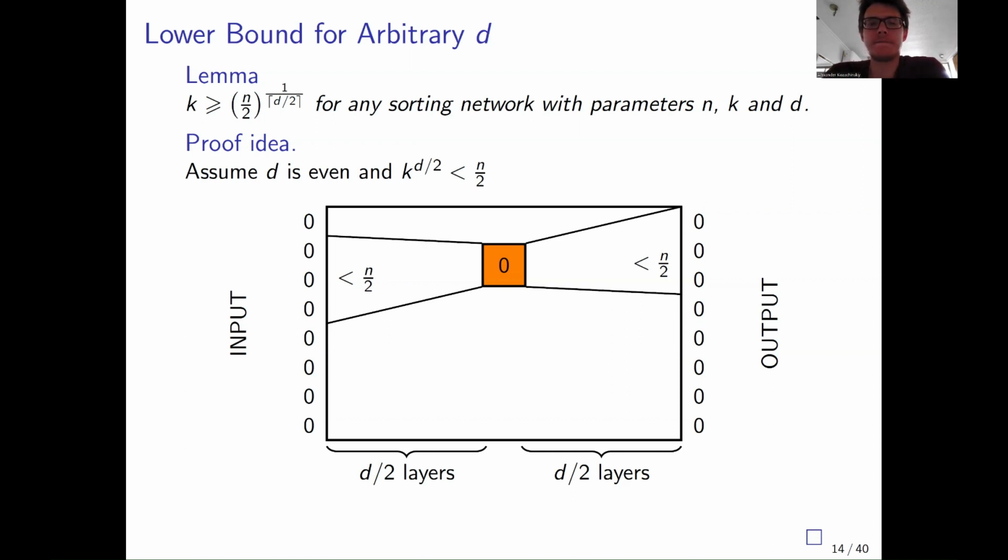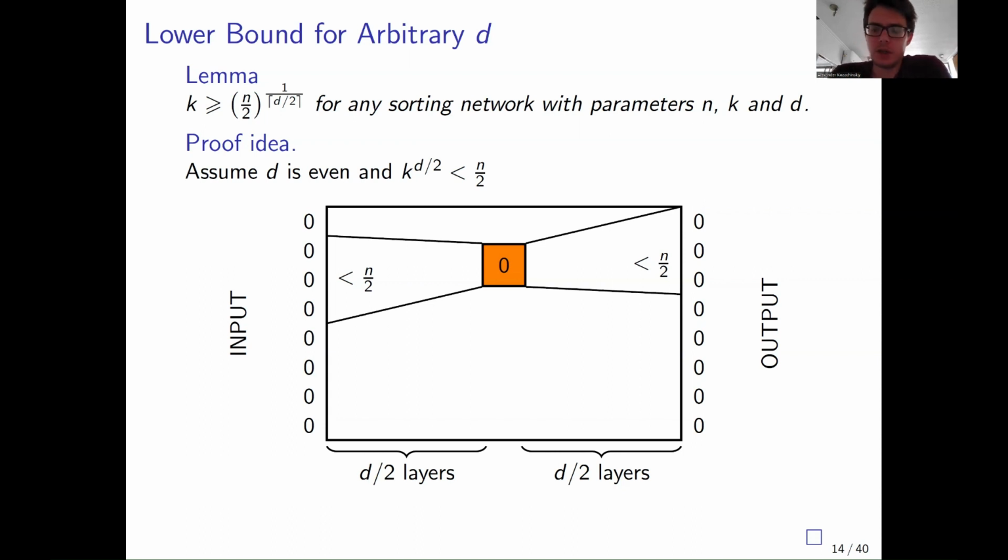Now, what else we can notice is that by the same argument, fewer than n over 2 output cells may depend on the value of the orange cell as well, meaning that for the rest of the output cells, their value cannot change if we change the value of the orange cell.